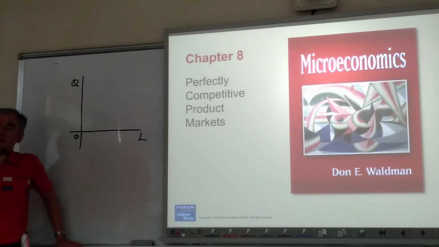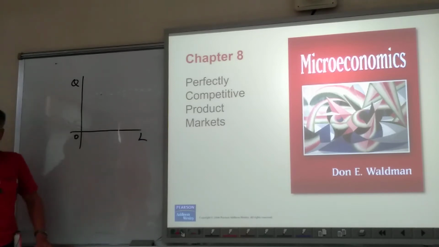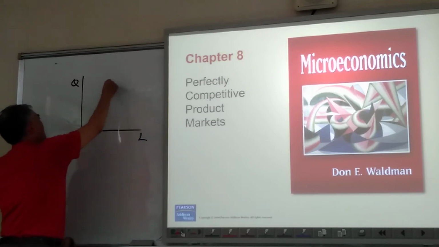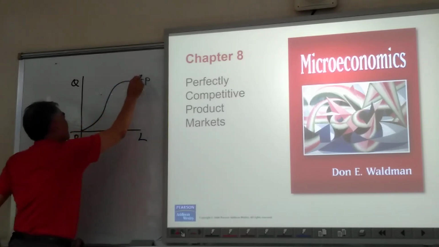When you just get started, the marginal product moves a little bit, but then it increases at an accelerating speed, and then to a certain extent it slows down, right? So it looks like this. This is what we call the total product curve.